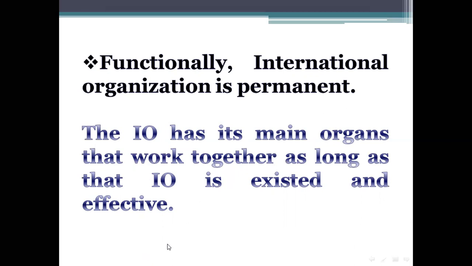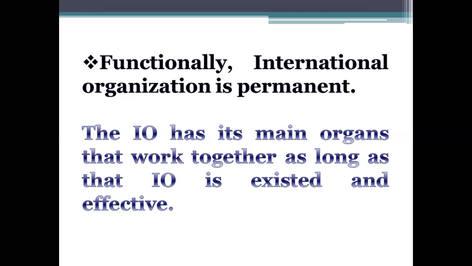So simply, when the organization is founded, the main organs of the organization are founded. When the international organization as an institution collapses, then all of these organs shall vanish.